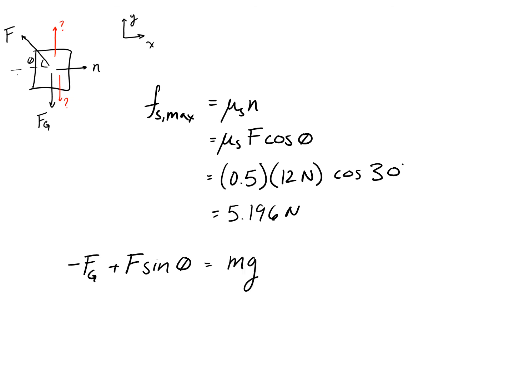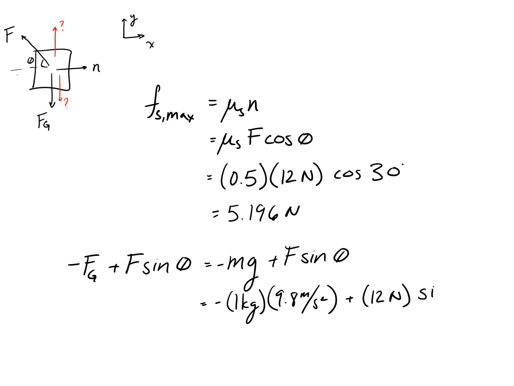I'm going to have minus mg plus my force sine theta. Again, I have all of this. The box is given as 1 kilogram in the image, assuming I'm on Earth because there's a person in my question. Plus 12 newtons sine 30. When I took this and plugged it in, I got minus 3.4 newtons.